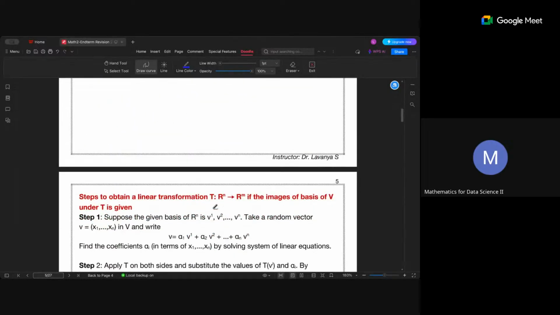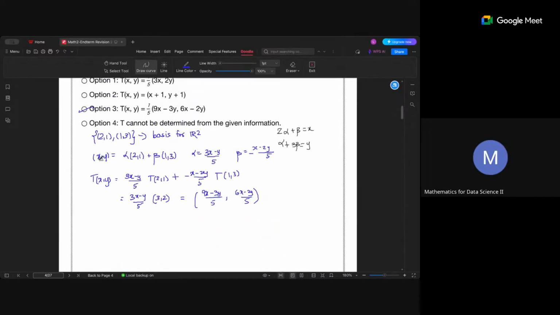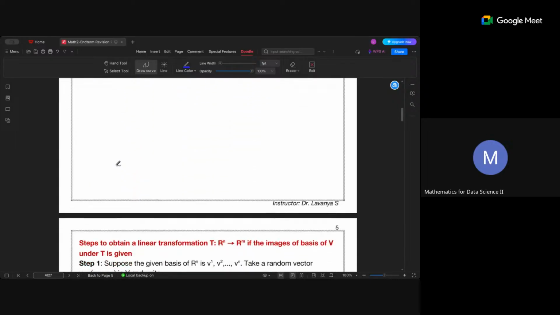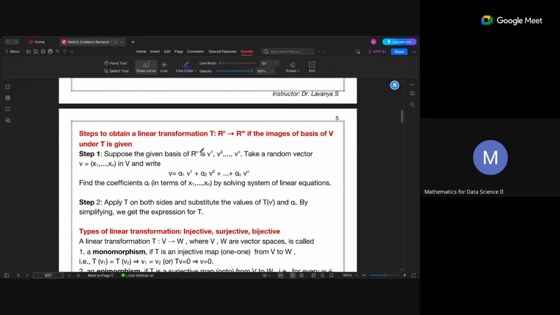If the domain is Rn, then you have n vectors, v1, v2, ..., vn. Now you have to take a random vector from the domain. In our case, the random vector we have taken is (x, y). The next step is that you have to write the random vector as a linear combination of the given basis, alpha 1 v1 plus alpha 2 v2 plus etc., alpha n vn.